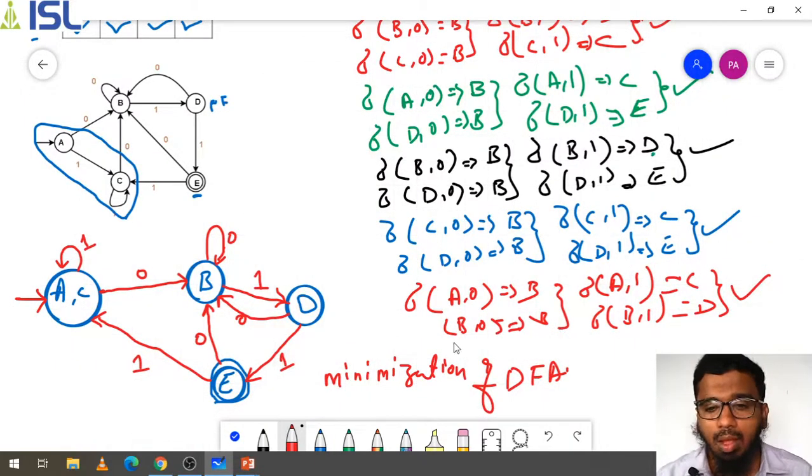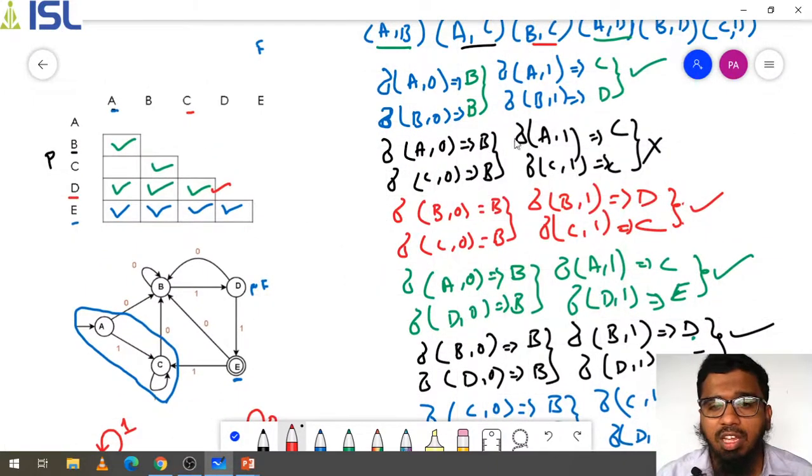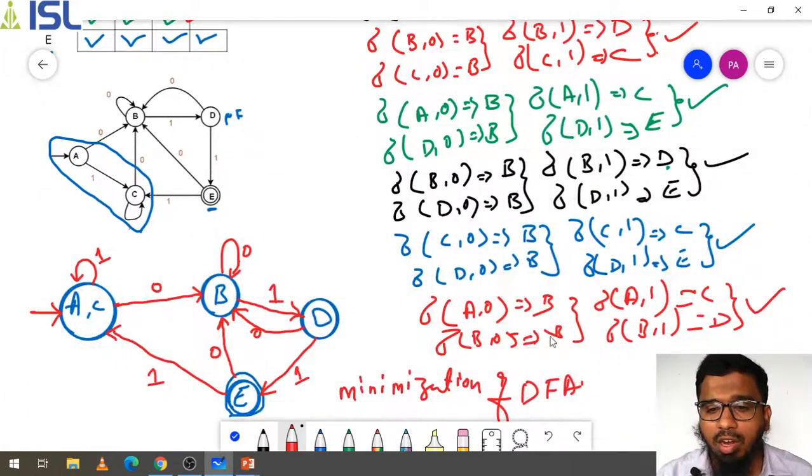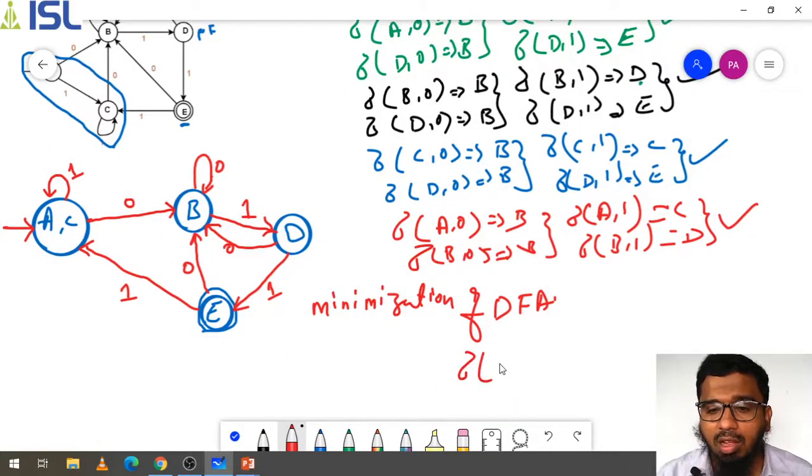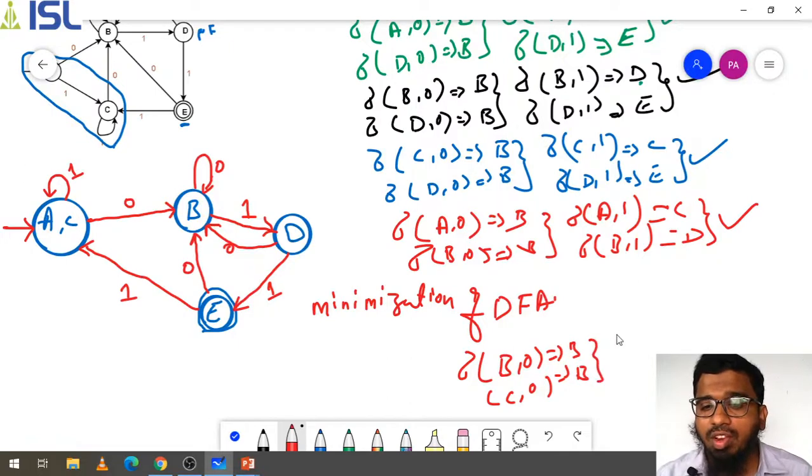Next, after AB, we need to take CB, or BC. Here also we were getting DC. So again we need to go here and do delta B and C. Then you will get the value B, and after that delta B comma 1 and delta C comma 1.